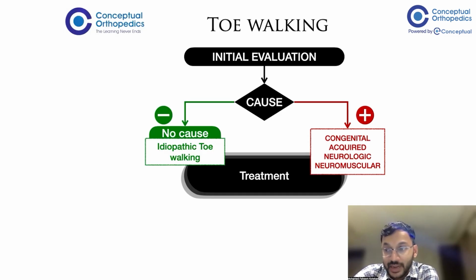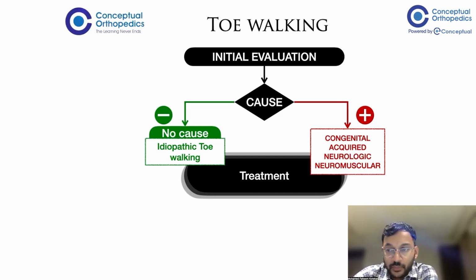However, children who continue to toe walk beyond the age of 5 years are described as having persistent idiopathic toe walking. Persistent idiopathic toe walking is used to describe this toe to toe pattern and can include both children with and without a contracture at the ankle.